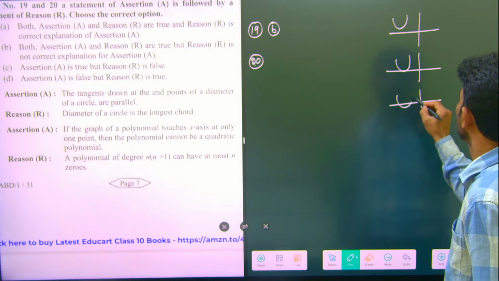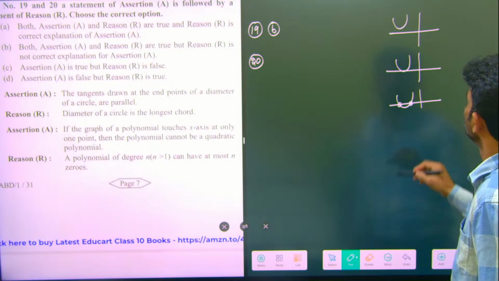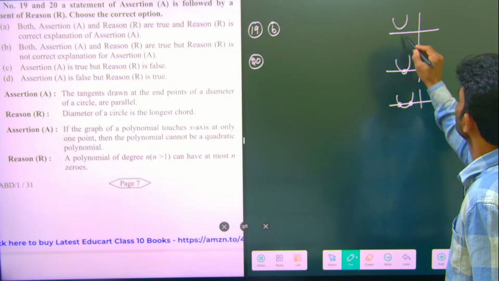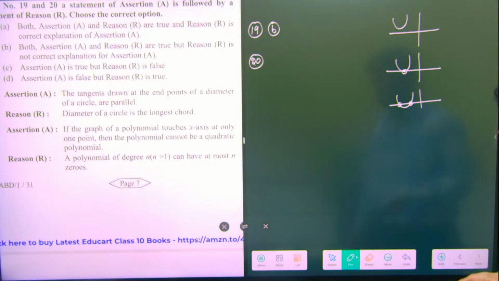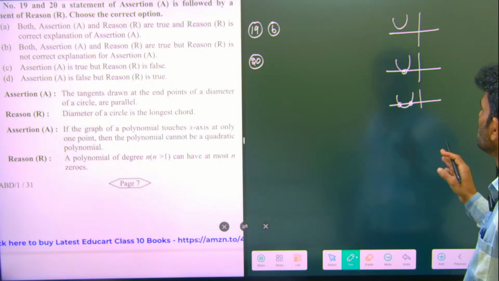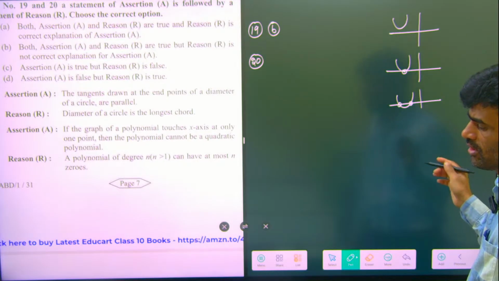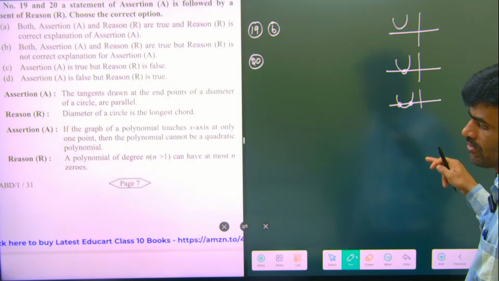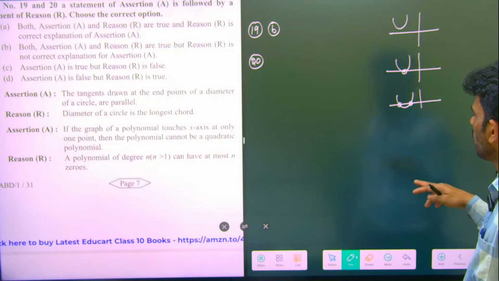It can be like this also, where it is touching the x-axis at 2 points. So it can be having 1 point, it can be having 2 points, or it can be having no points also. It doesn't mean that if it is touching 1 point, it is not a quadratic polynomial. The graph can be touching 1 point, no points, and 2 points also.